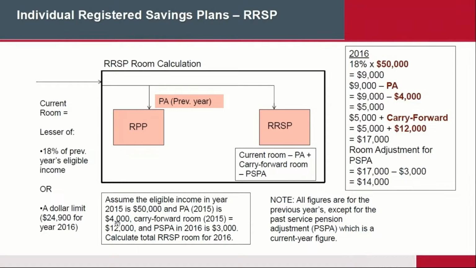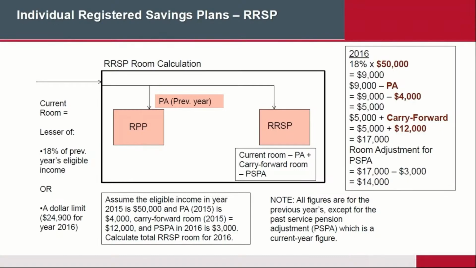Pension adjustment is the amount of money that your employer or you have put into your RPP. So if your client has a company pension plan and the employer is putting in money and your client is also putting in money into that pension plan, you must deduct that from your RRSP contribution, and you'll see that in a moment.